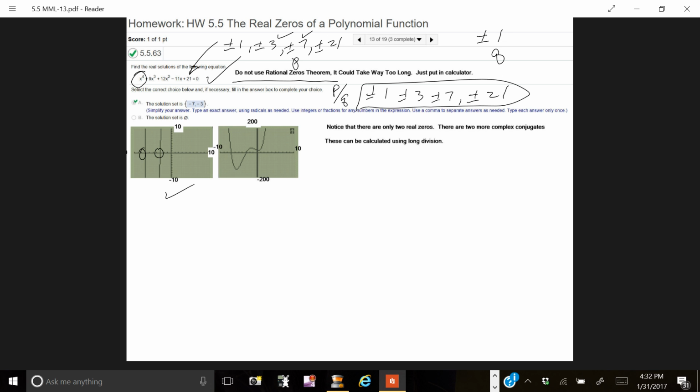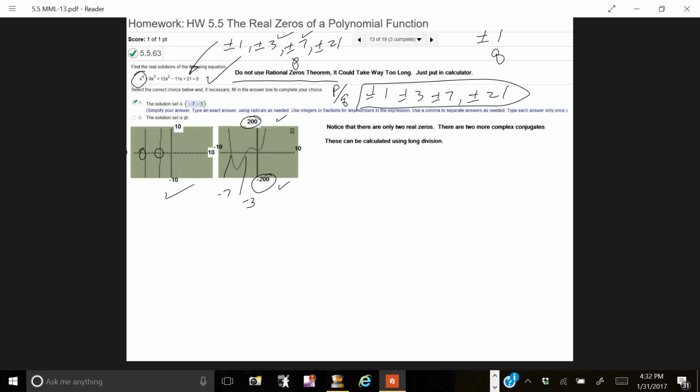But then if you change your y min and y max so that you can see what the function is doing, you have to change it to minus 200 to plus 200. But obviously now you'll see that a real zero is minus 7 and also minus 3.